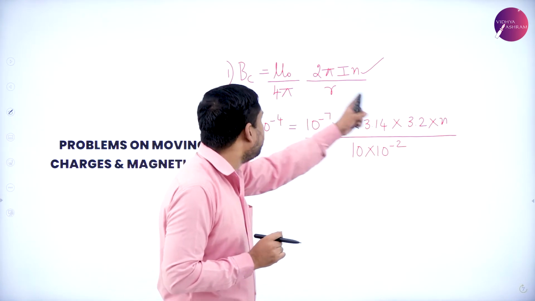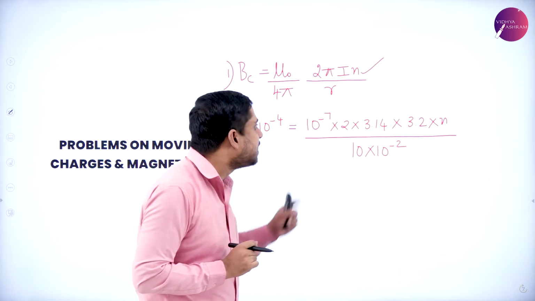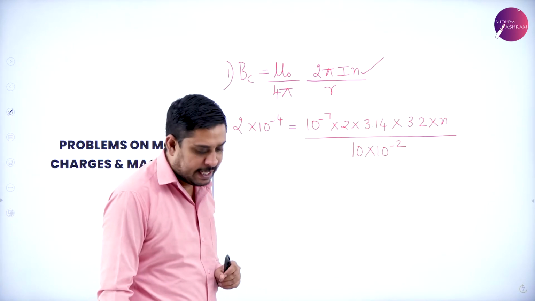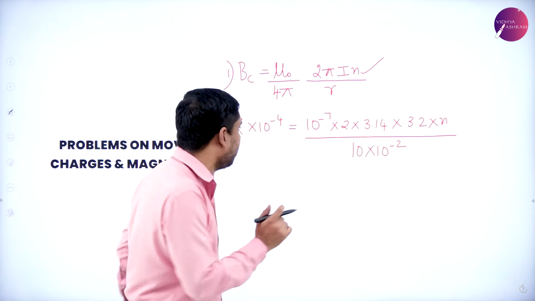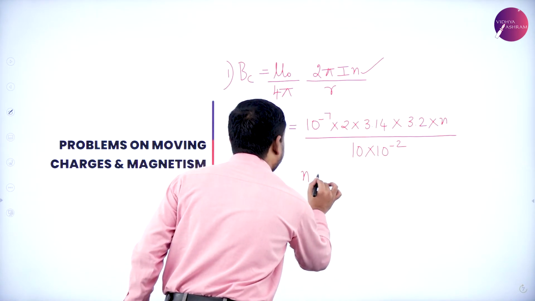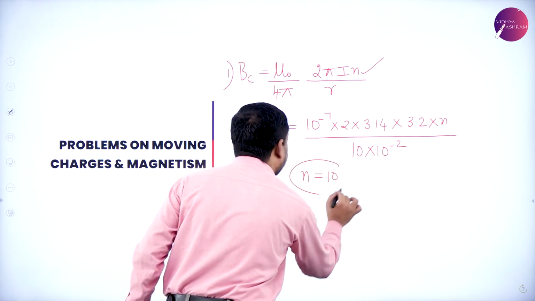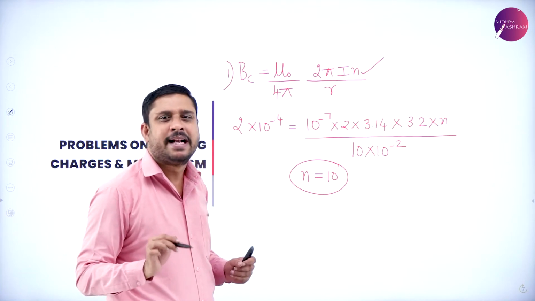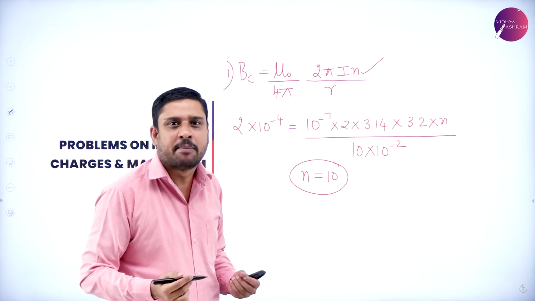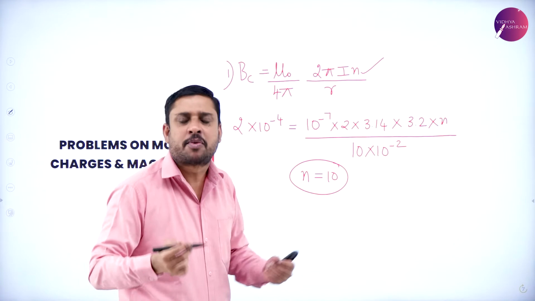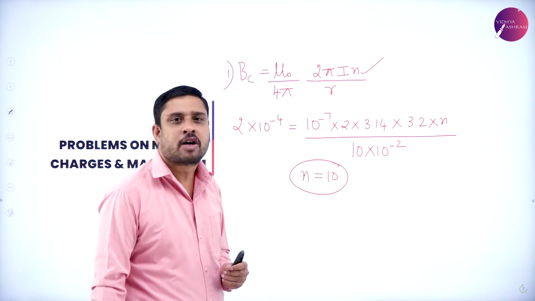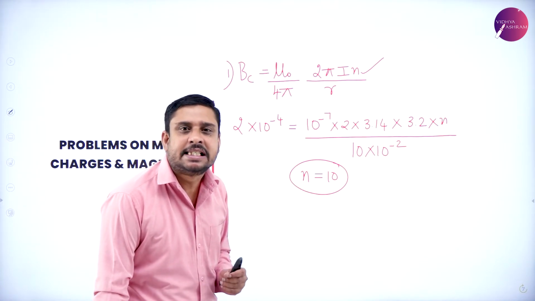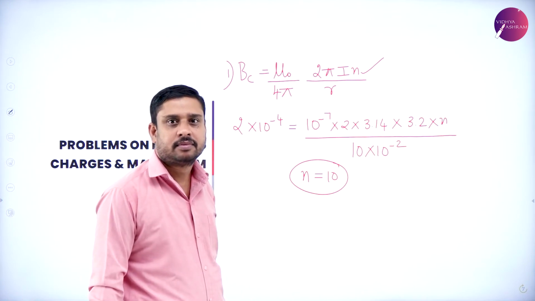So on simplification, rearrange the terms to calculate N. Here N turns out to be approximately 9.98. Number of turns cannot be a fraction. So approximating, N turns out to be 10.